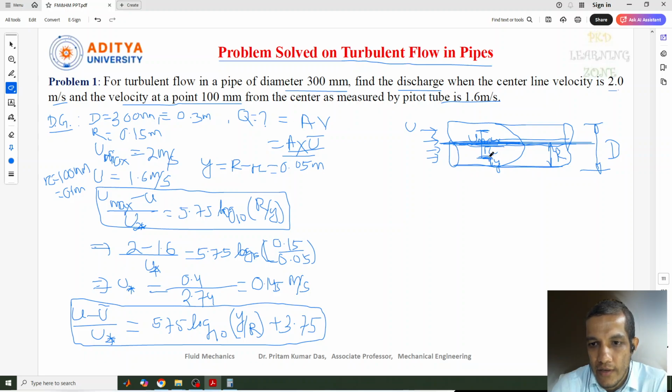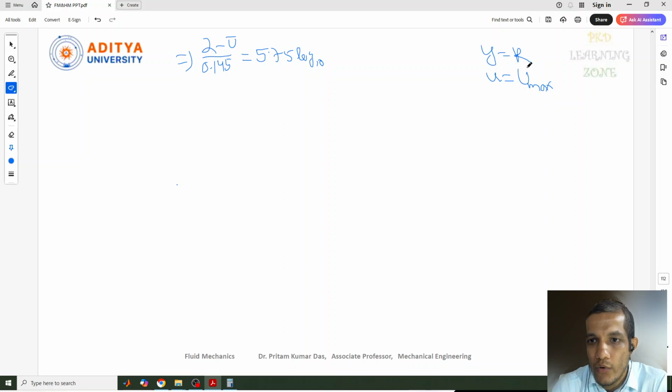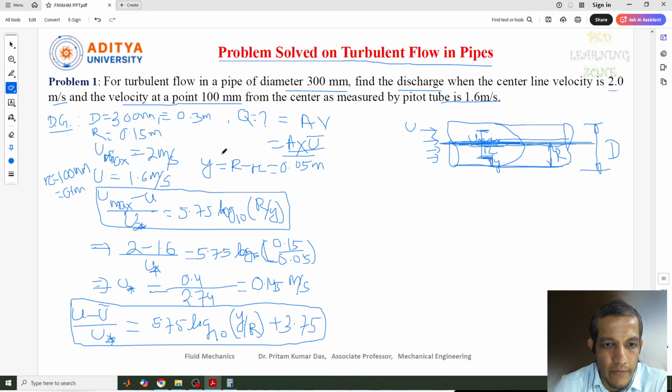When y is maximum, the velocity will be maximum. So when y equals r, the velocity u can be maximum at this point. So u max minus u average, divided by u star, equals 5.75 log 10 bracket, in place of y put r, r by r, plus 3.75.